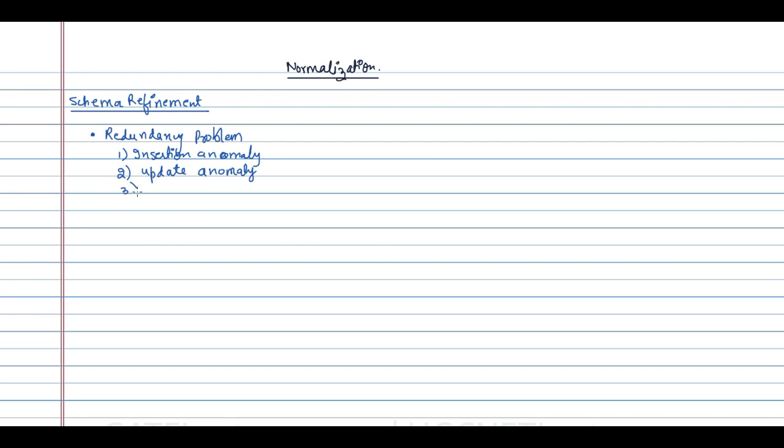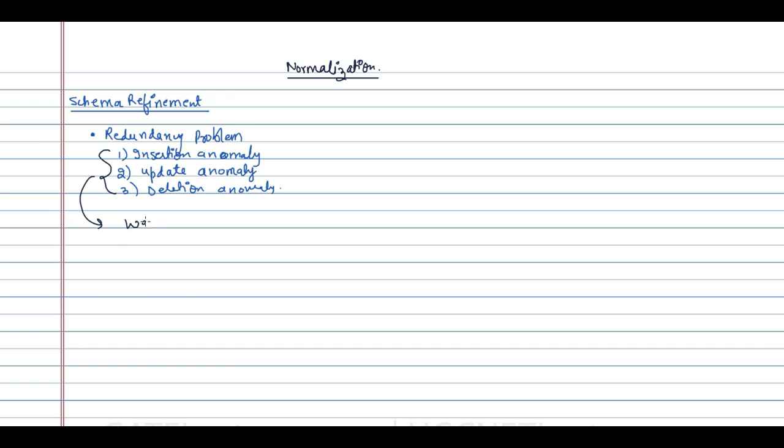Third one is the deletion anomaly. Right? So we can have all these different anomalies, and because of these different anomalies, we are going to waste a lot of space. Because of these different anomalies, they are going to lead to different problems.